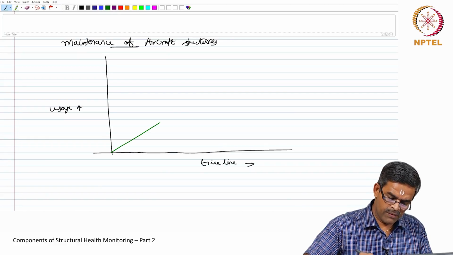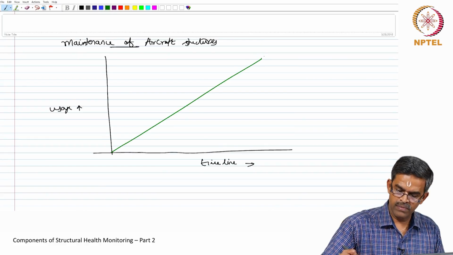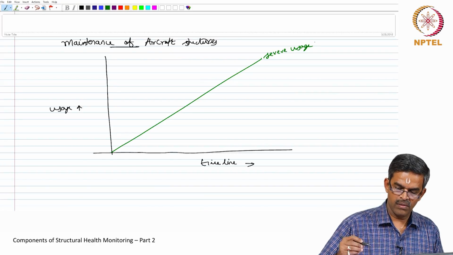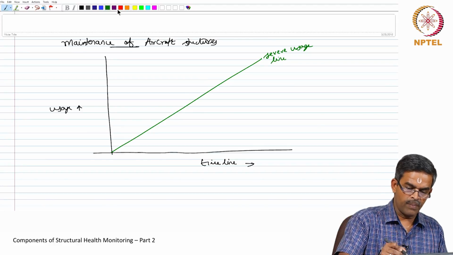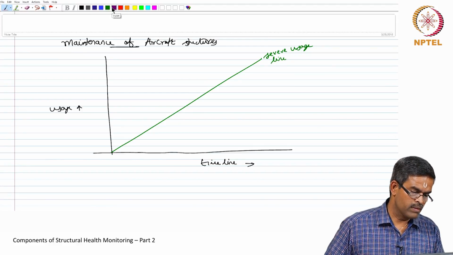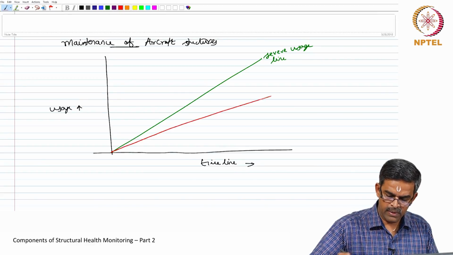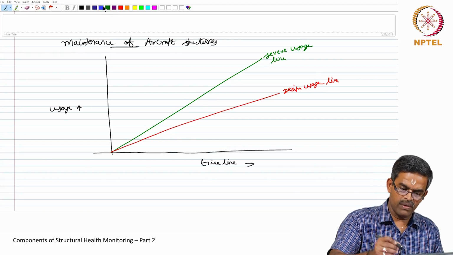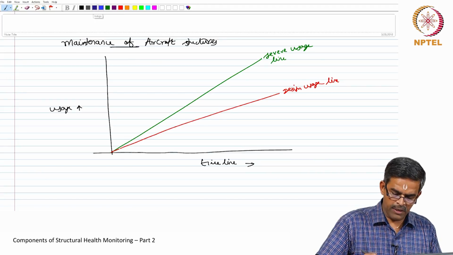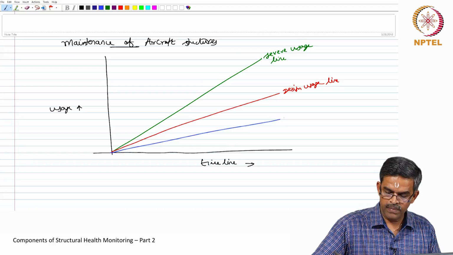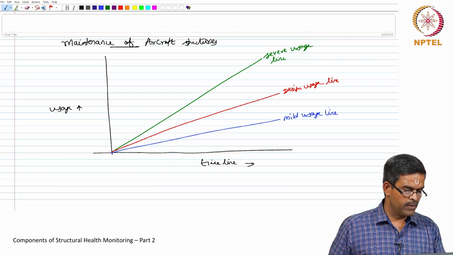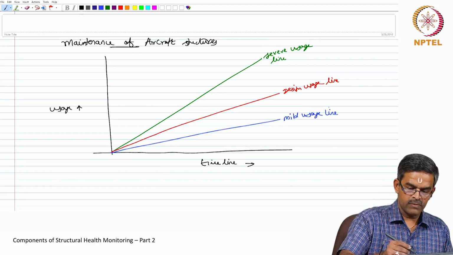Let us say there is a severe usage pattern compared with design usage pattern, which is further compared with mild usage pattern, somewhere down the line.